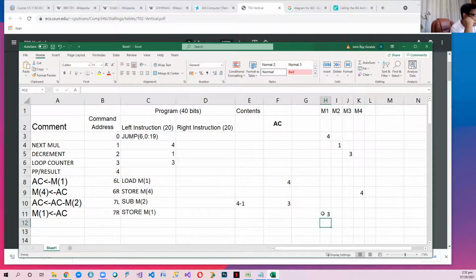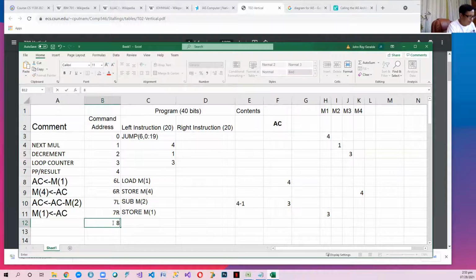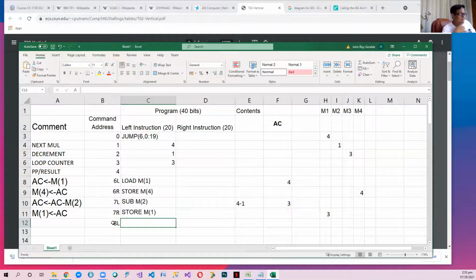When are we going to stop? Can we do an 8L? And we have to do a jump, no? No. If we are going to load an M1, AC becomes 3.